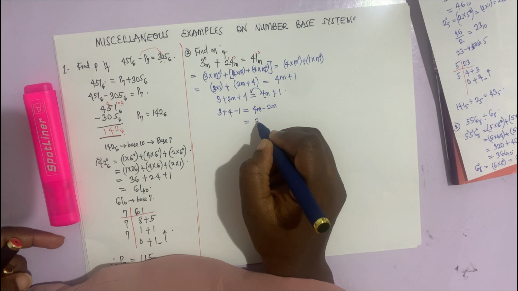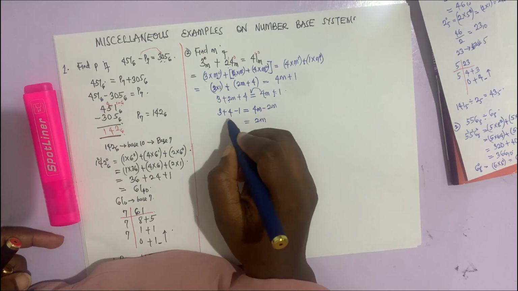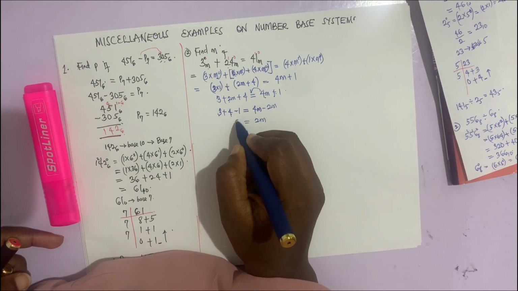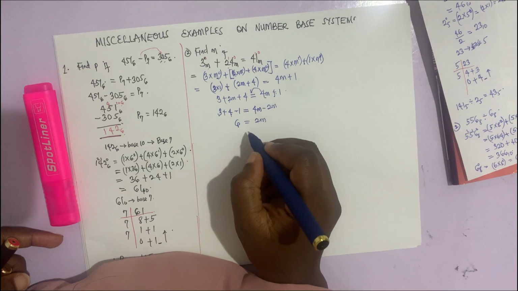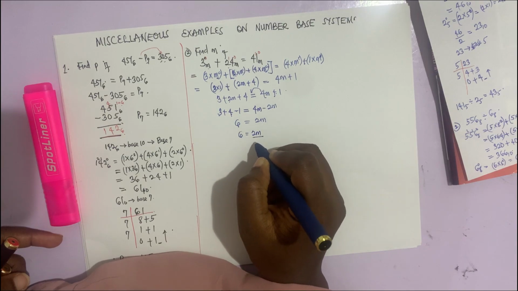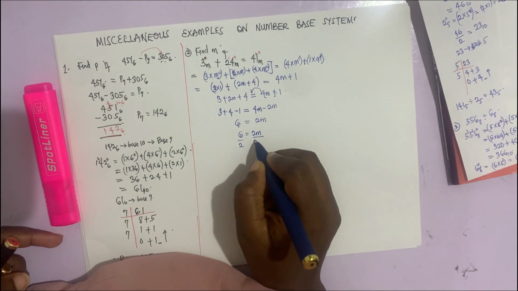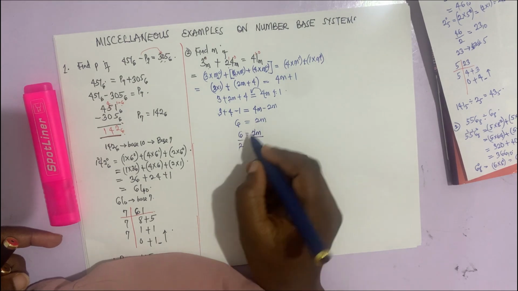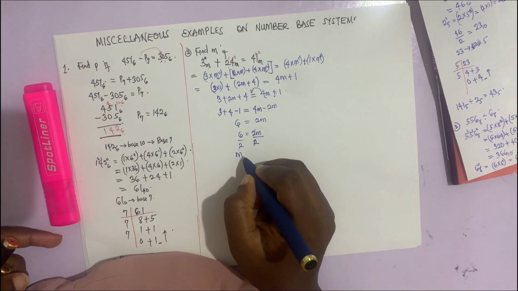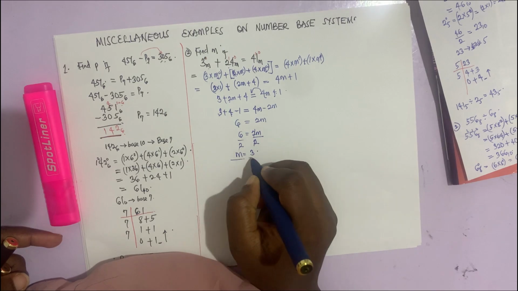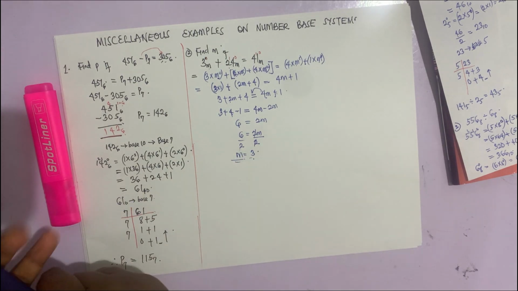So we have 2m; 3 plus 4 is 7, 7 minus 1 is 6, so 6 is 2m. If you divide both sides by 2, which is the coefficient of m, the 2 cancels, and 6 divided by 2, so m is 3. That's our final answer.